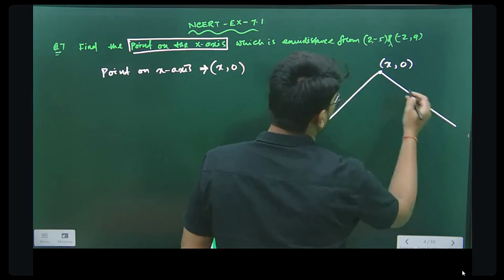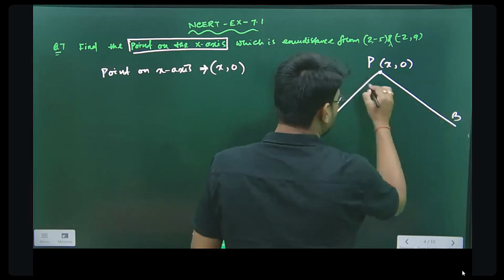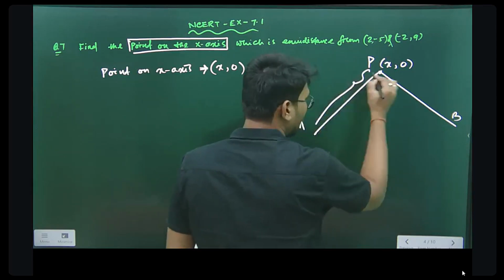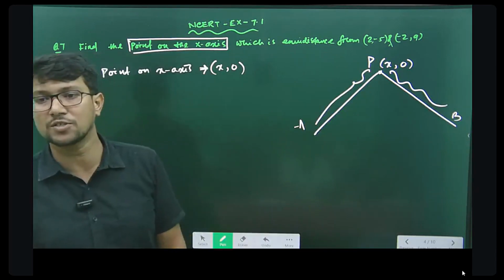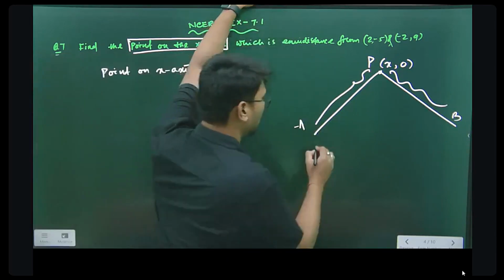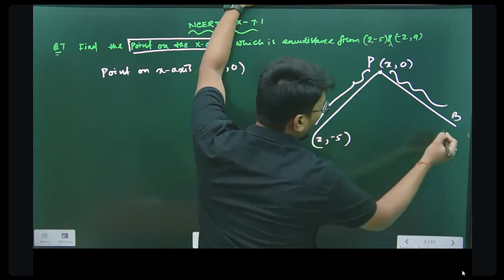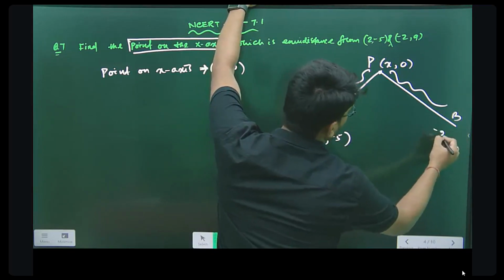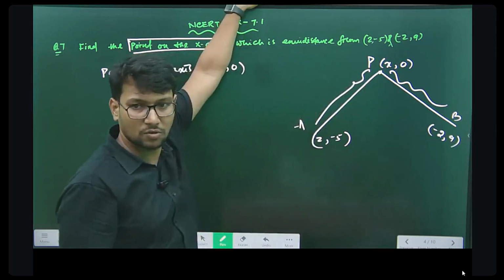Let this point be P, this is A, this is B, means PA equals PB. That means, children, what is the A coordinate? 2, minus 5 and minus 2, 9. Yes or no? Clear?